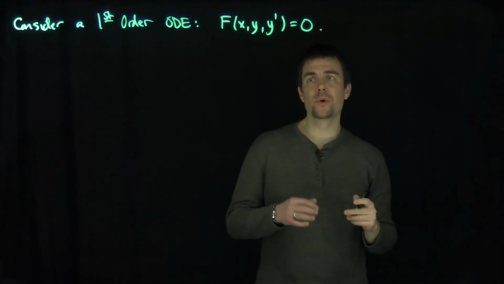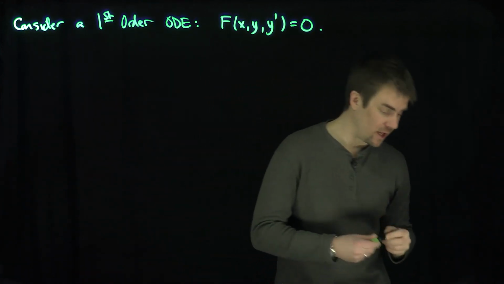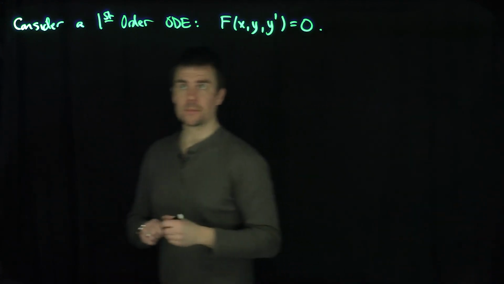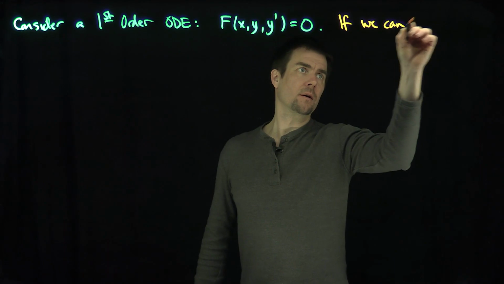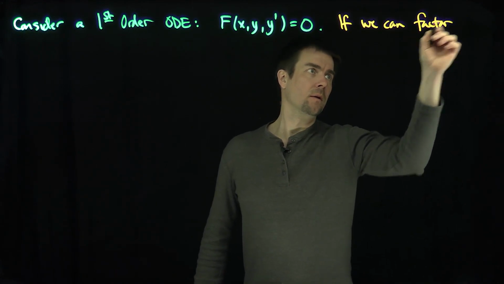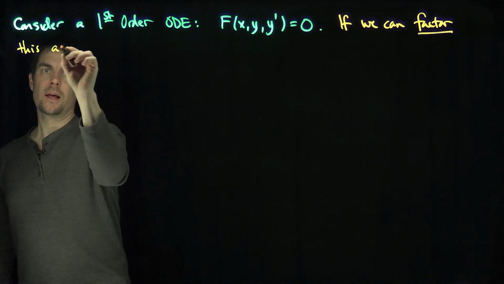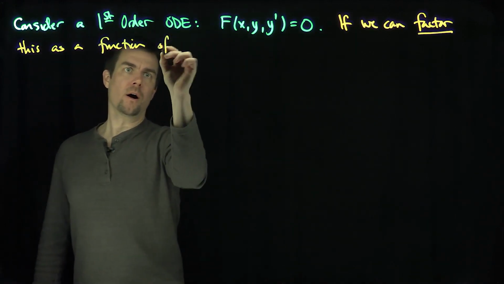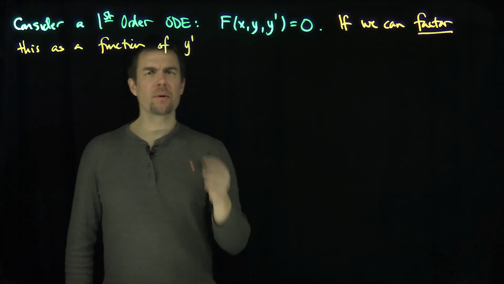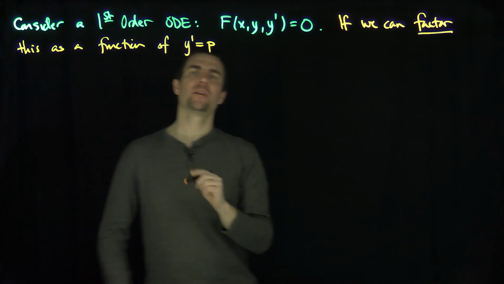But let's suppose that we can actually break this ODE up into a whole bunch of different parts, or we can factor the ODE. If we can factor this as a function of y prime, and typically what happens in these sorts of problems, we're going to call y prime p, just as a variable.